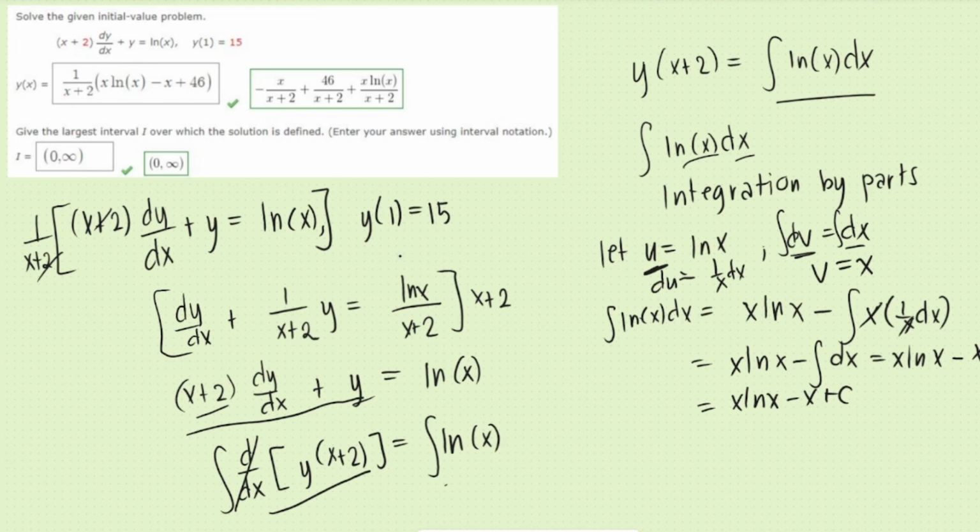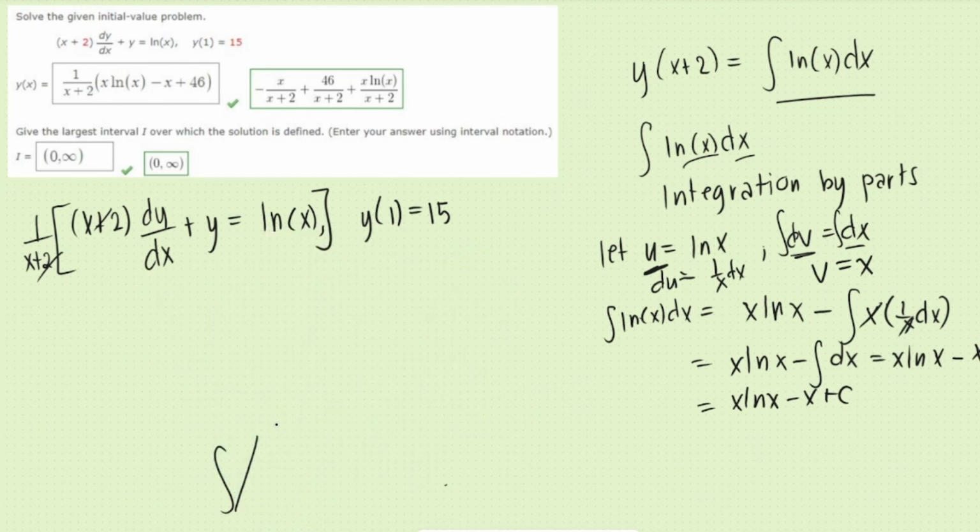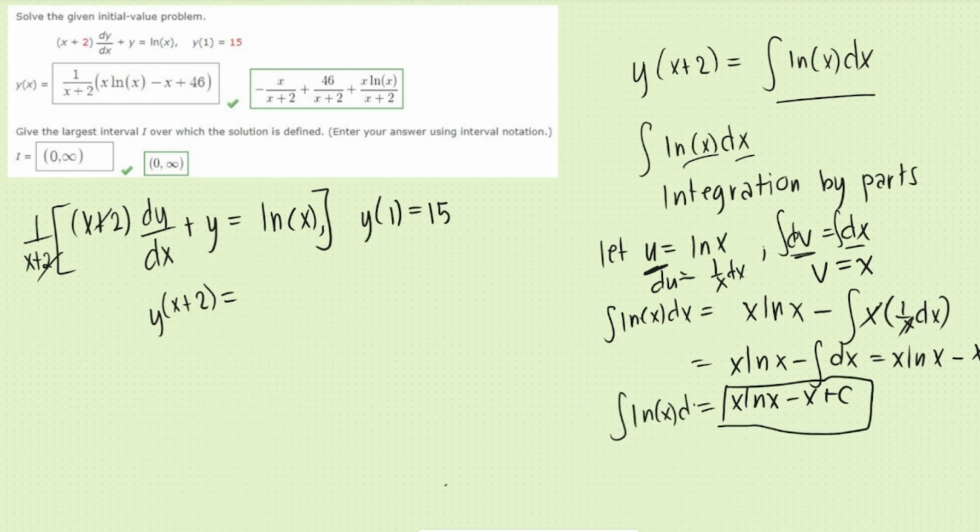So see, we have this. Let's delete this. So y times x plus 2 is equal to the integral of ln of x dx. This is our answer, right? This is the integral of ln of x dx, so we'll put that here, minus x. We're looking for the value of y of x.